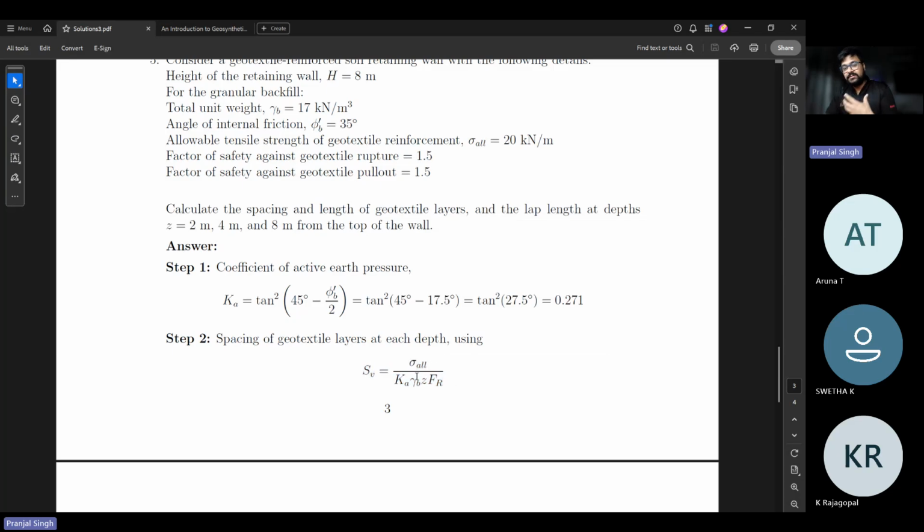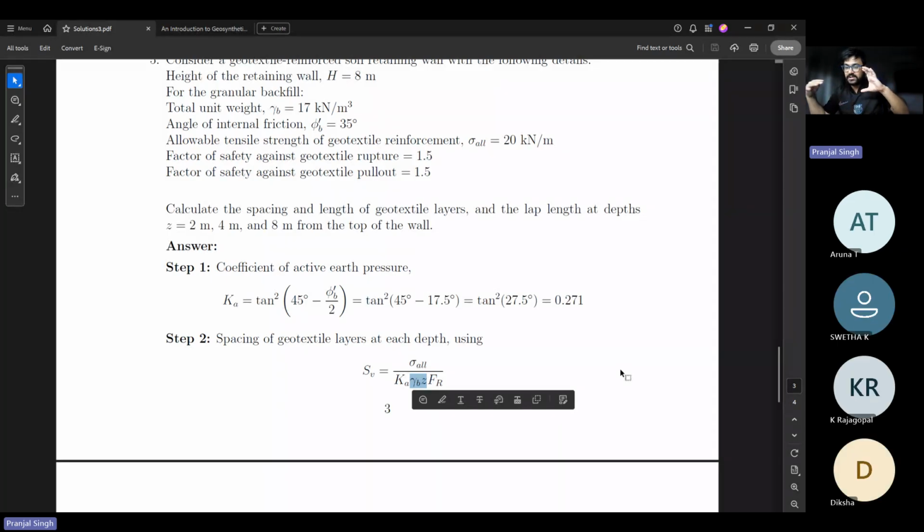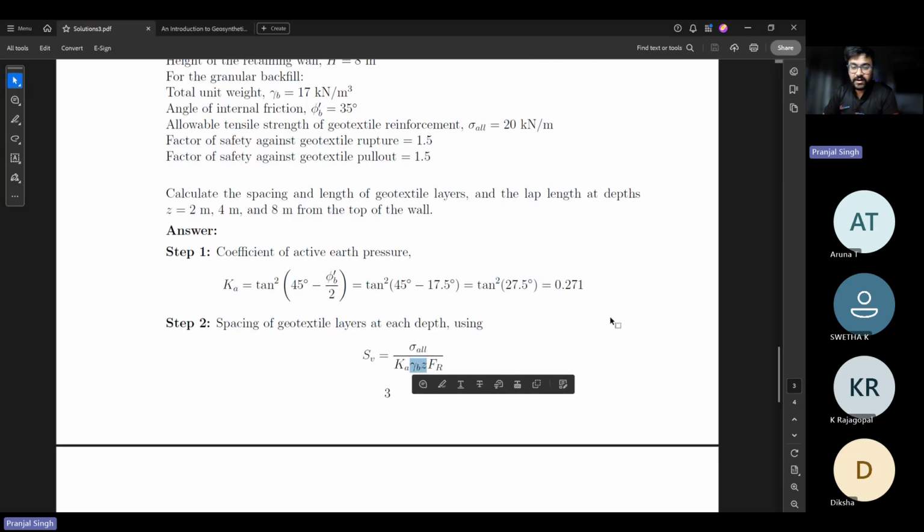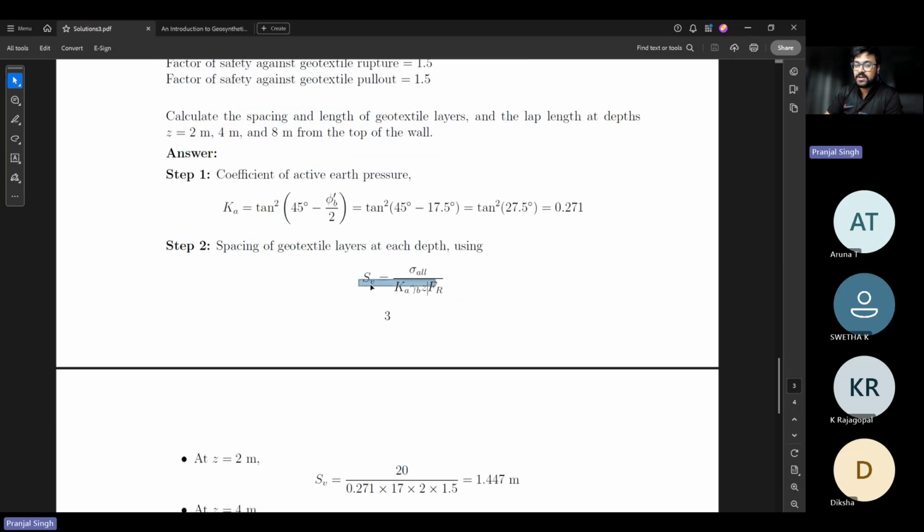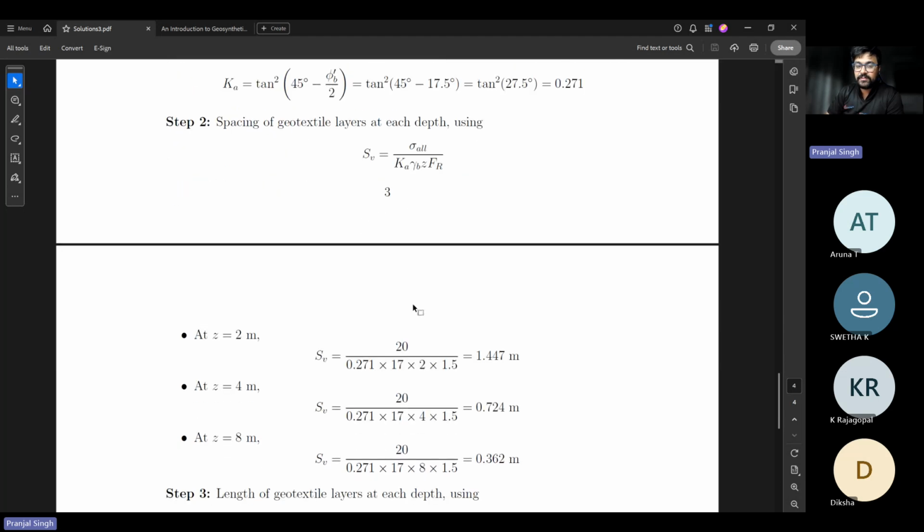Basically, the vertical load is gamma z, or gamma into z. You multiply it by Ka, so you get the value of the active earth pressure. You multiply it by the spacing, you get the active earth pressure acting on a single geotextile layer, and the allowable value divided by the factor of safety gives you the resisting force. So equating the resisting force with the driving force, you get this equation. Rearrange and find out the value of Sv.